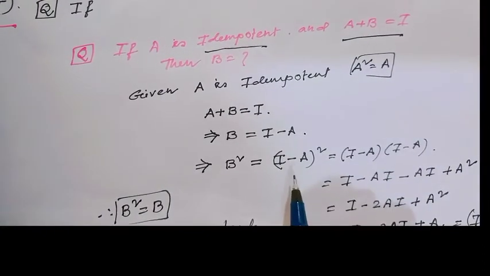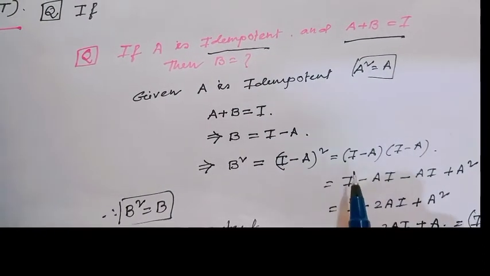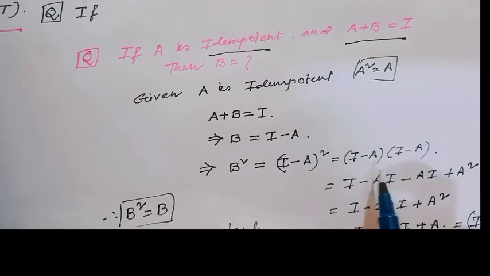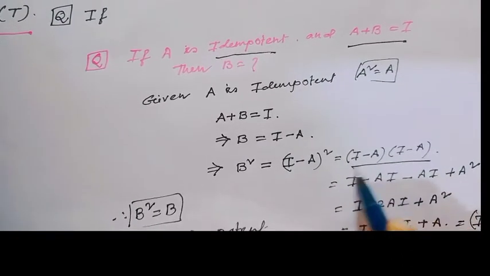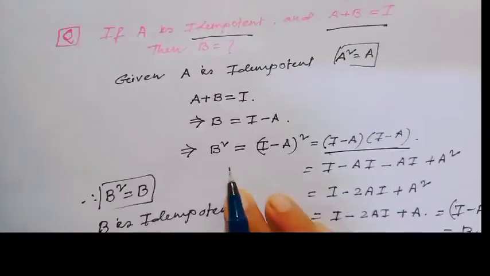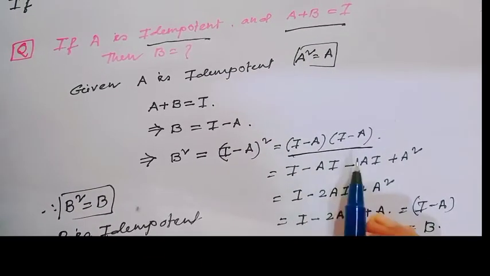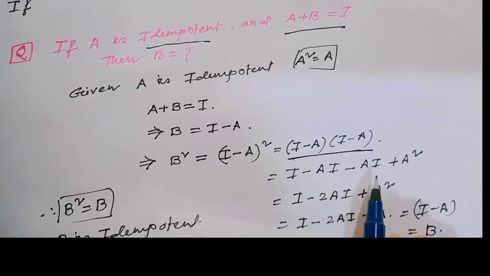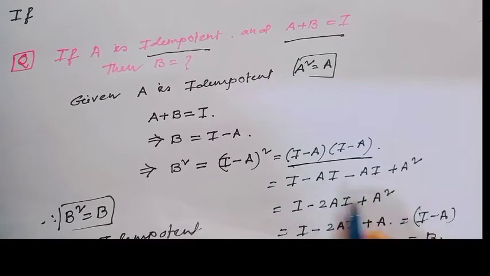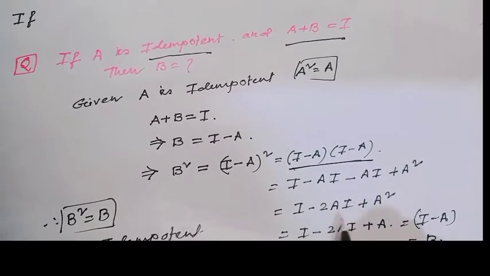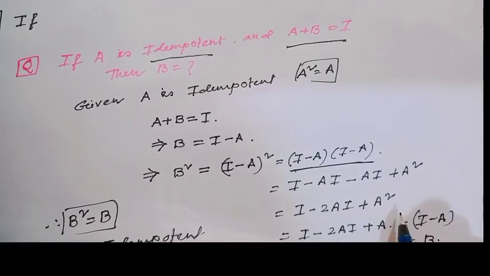B square equals (I minus A) whole square, which is equal to (I minus A) times (I minus A). Therefore, by the distributive property, this is equal to I minus 2AI plus A square.